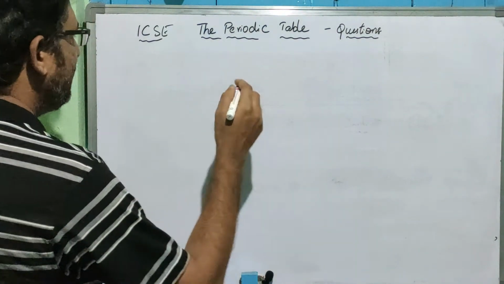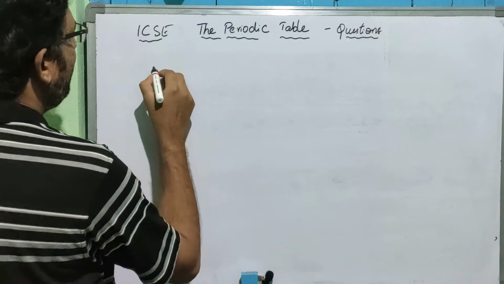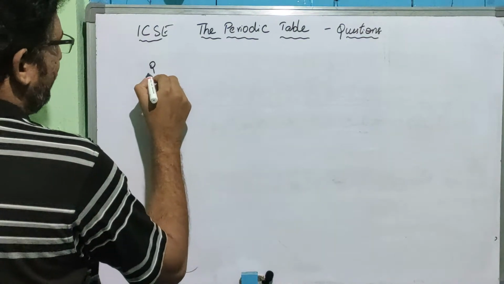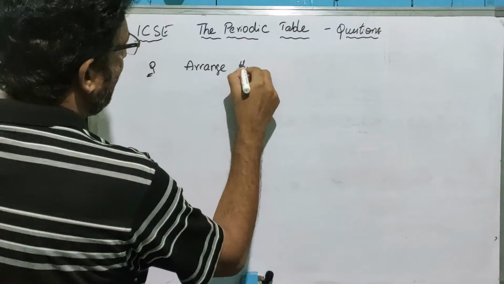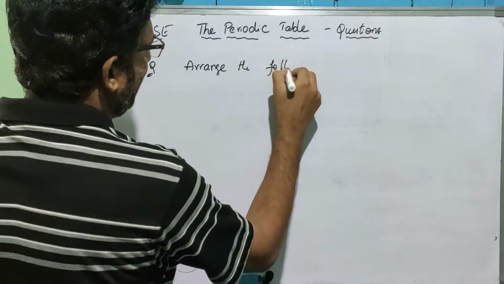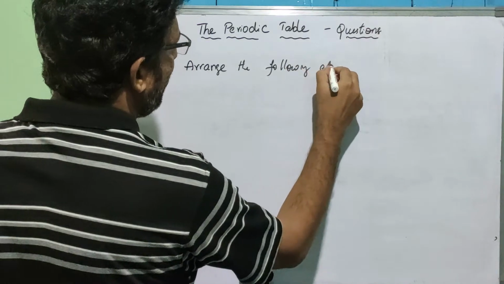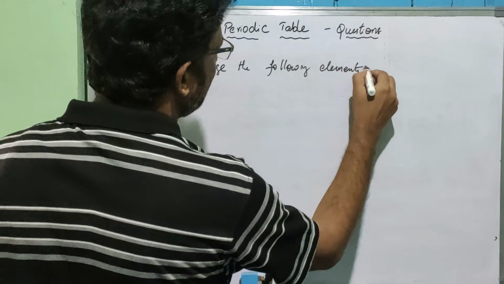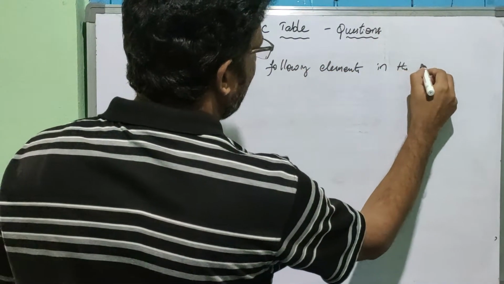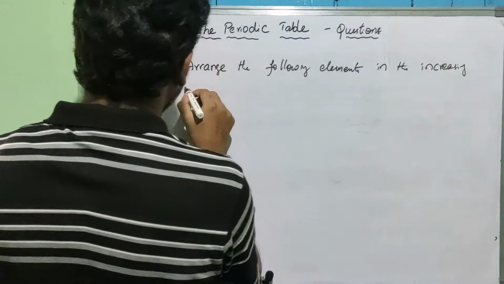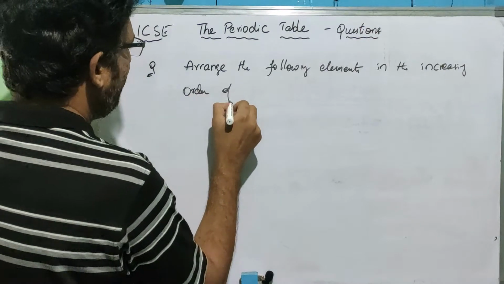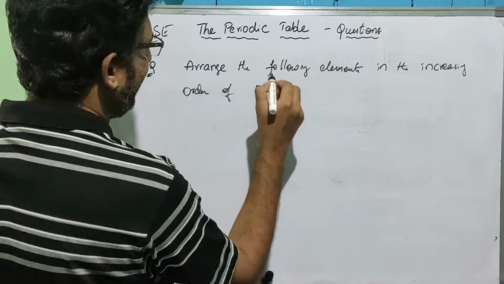So next type of example or next type of question. Arrange the following elements in the increasing order of electronegativity.